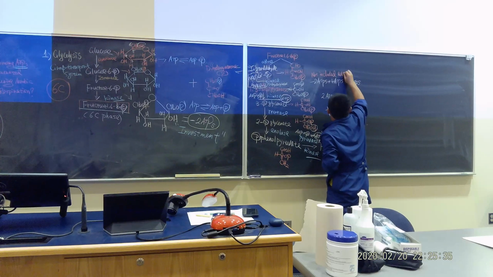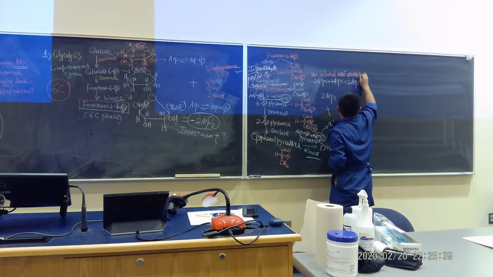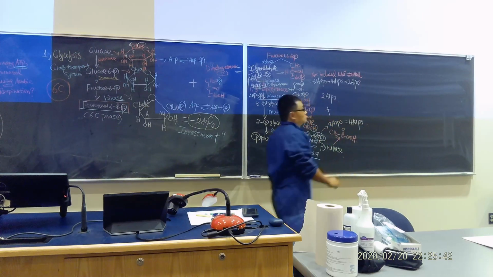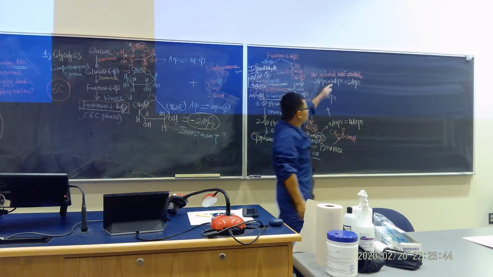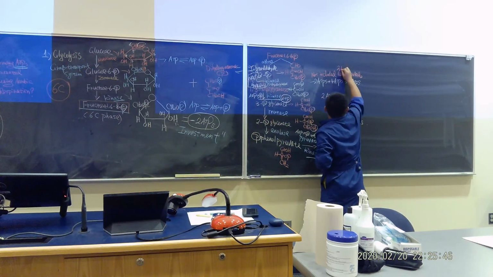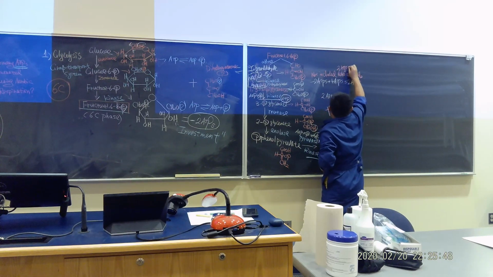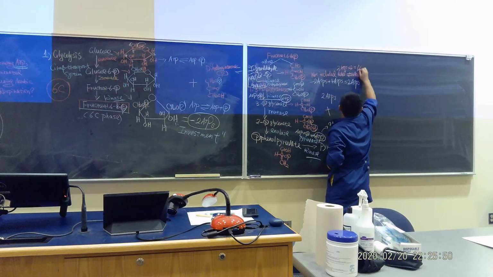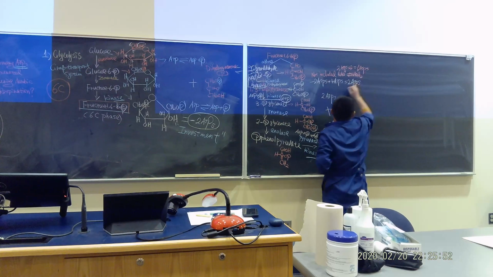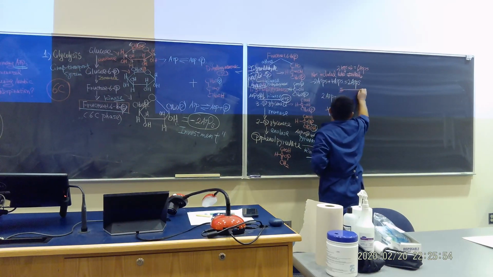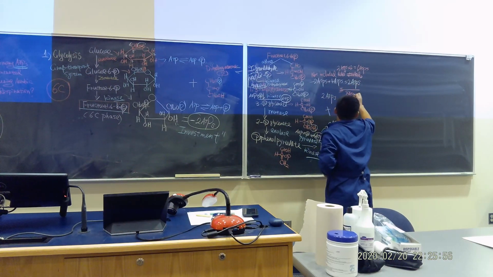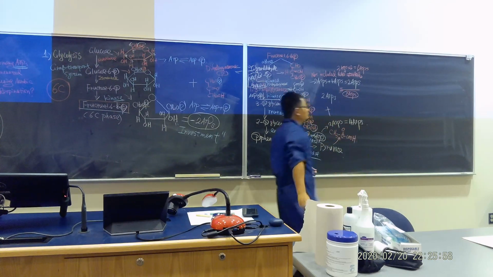This NAD plus reduced to NADH2. Okay, if you include that, how many? This is 3 ATPs multiplied by 2. That's 6 ATPs. So if you add them together, 8 ATPs.